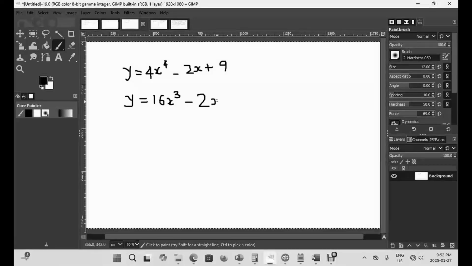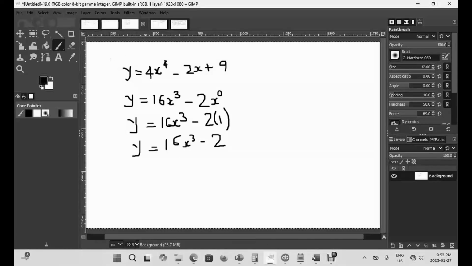This becomes x raised to 0, so on and so forth. This is basically 2 times 1, which means your solution is y equals 16x cubed minus 2. You can always sub in values for x as well as y to solve for either x or y.